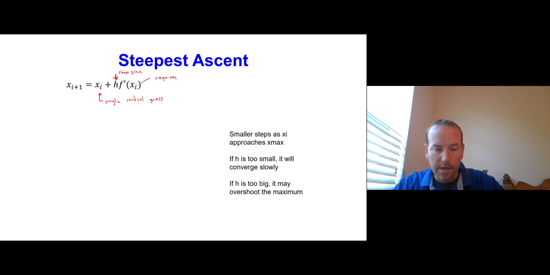So that's really a disadvantage compared to the golden section search, which only needed function values, but the steepest ascent method requires you to compute the derivative.